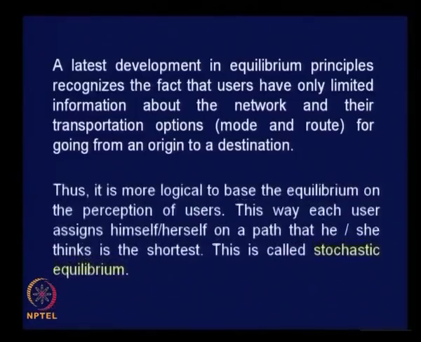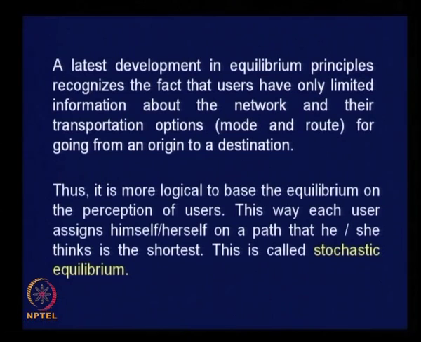I may assume that taking Anna Salai to go to Central Station may take about 30 minutes, and she may assume that it will take only 25 minutes. So these are all perceptions, and thus it is more logical to base the equilibrium on the perception of users.